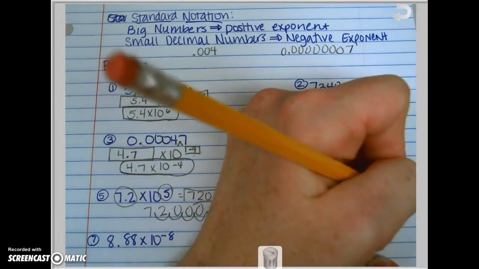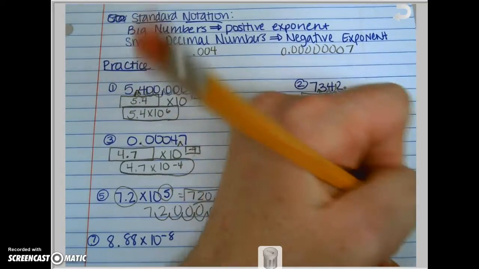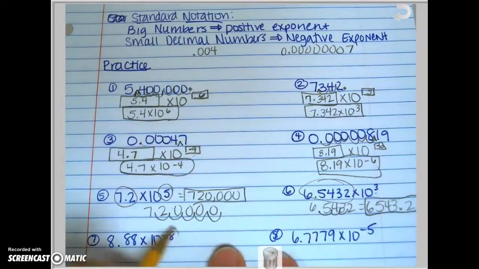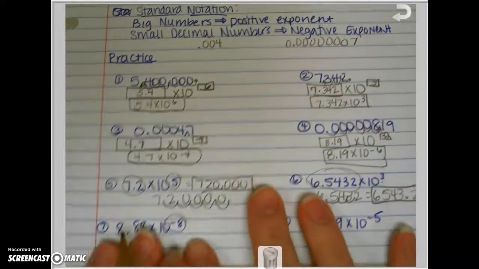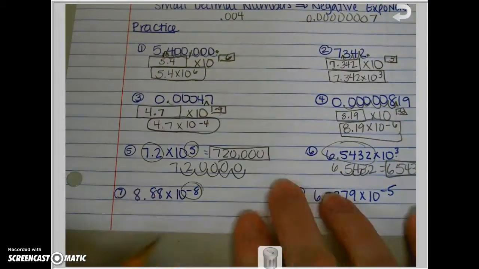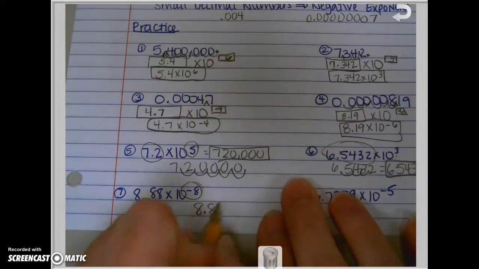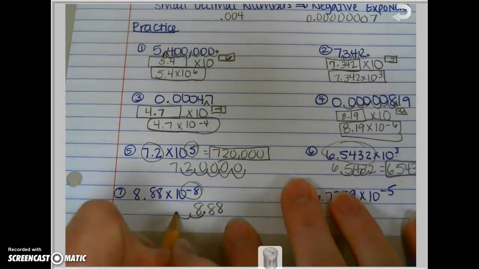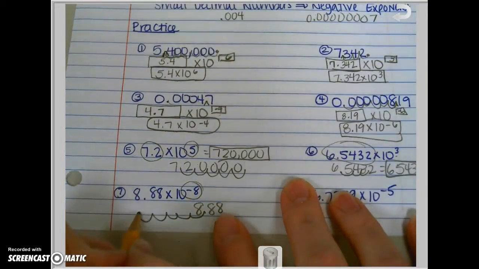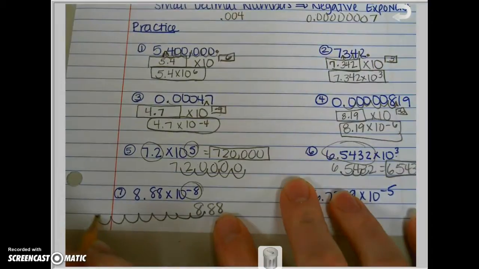That gives 6,543.2. Okay, now negative 8 means I'm going to move my decimal 8 times to make my number smaller: 1, 2, 3, 4, 5, 6, 7, 8.